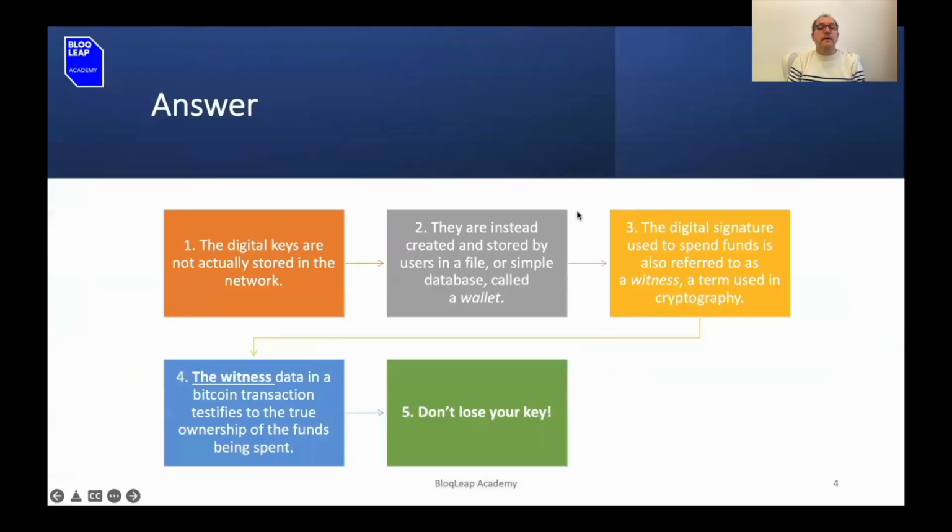All right. So let's see the answers, because always in crypto you've got many possible answers because you've got many levels. So you've got beginner, intermediate, advanced level on every single topic. So yes, the digital keys are not actually stored in the network.